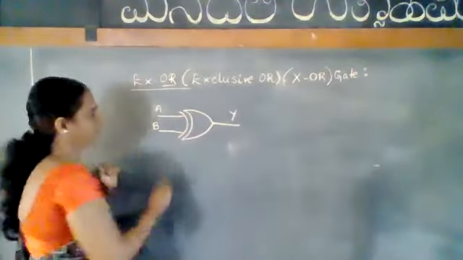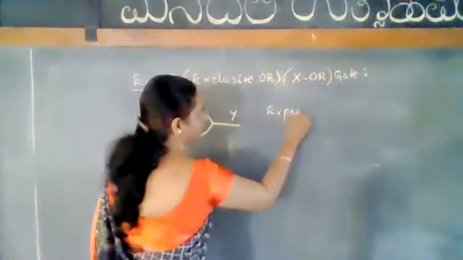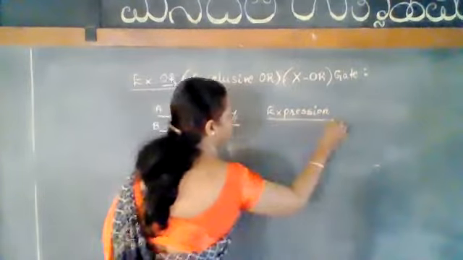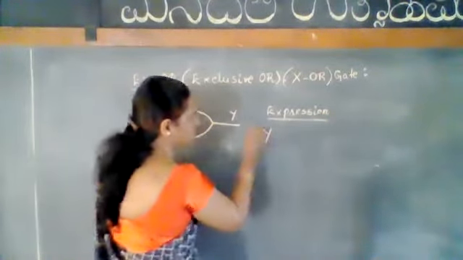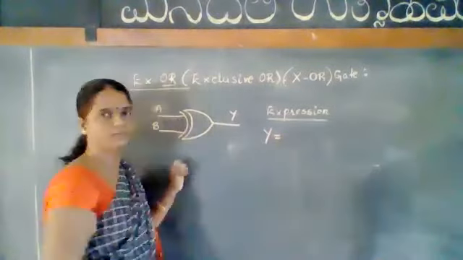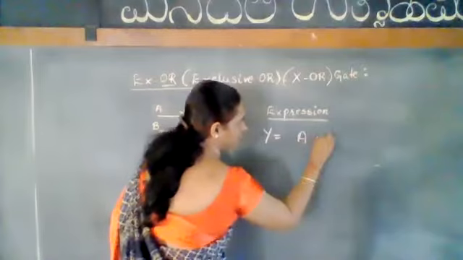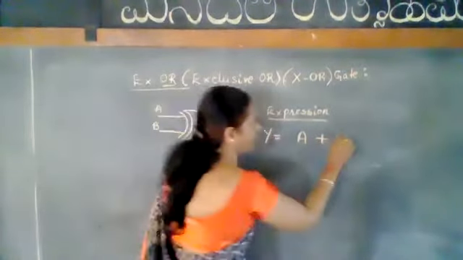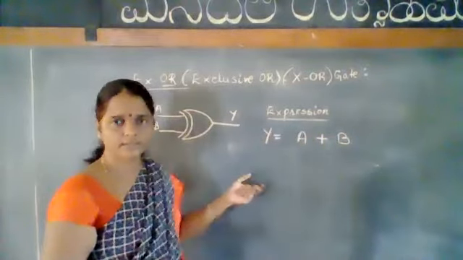Okay. Now, what is the expression? The expression or the Boolean equation for XOR gate is written as Y is the output, Y is equal to A OR, that is plus, right? A plus B gives us OR, isn't it?